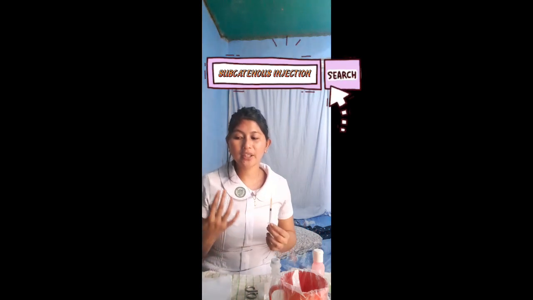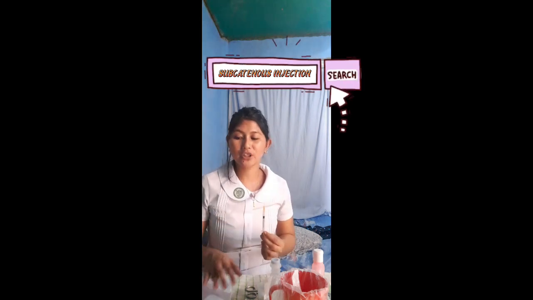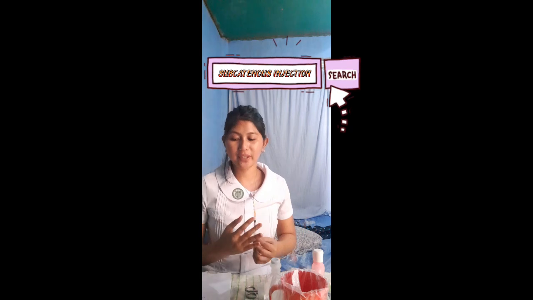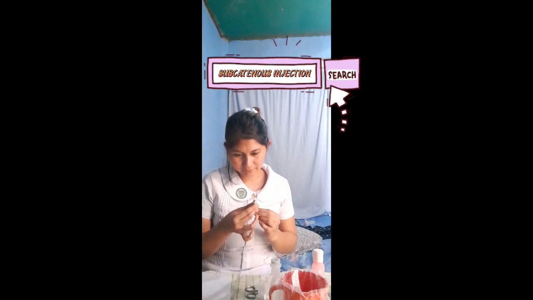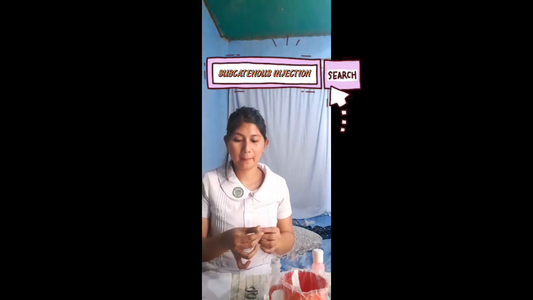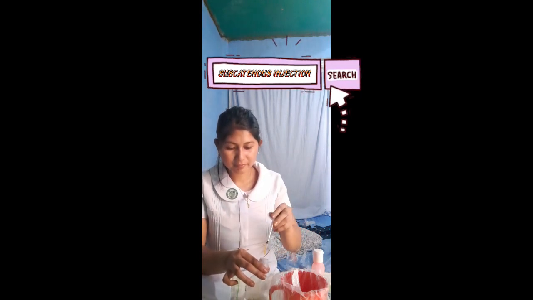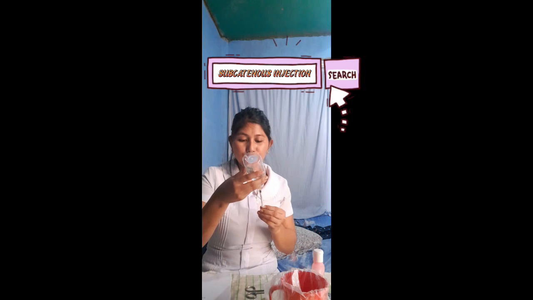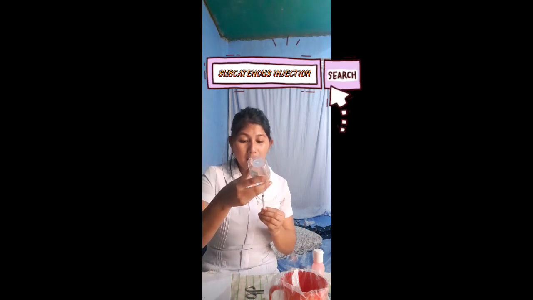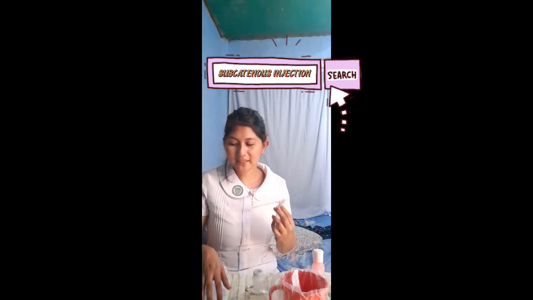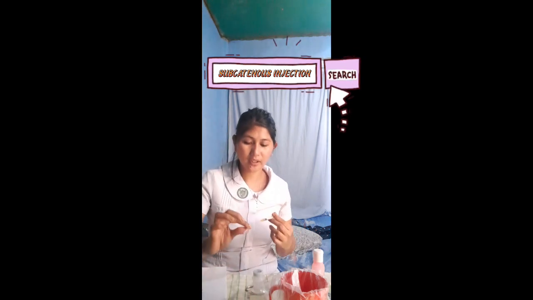After that, inject air into the vial and draw the exact amount of the medication needed, which is the patient's ordered amount. Now, check inside the syringe so there are no bubbles.